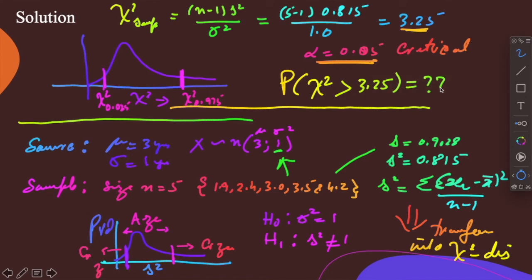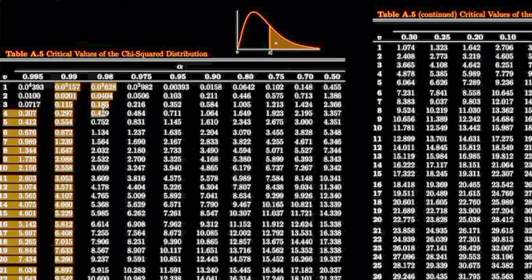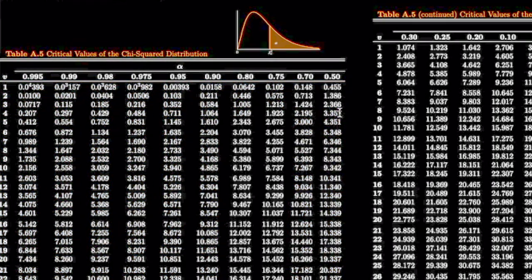So if we look at the table for 3.25, it is 3.357 here and 2.0, so it will be somewhere over here. That gives us an idea that the probability will be 0.6 something.